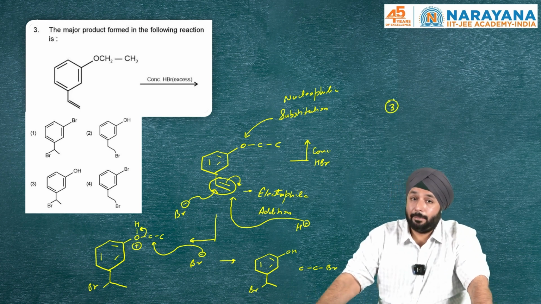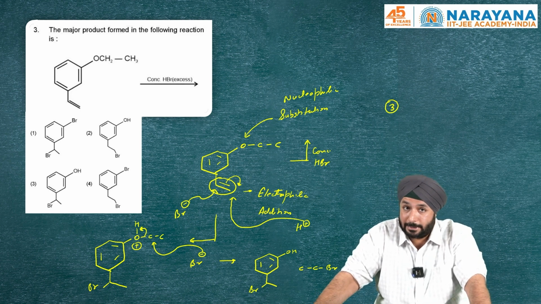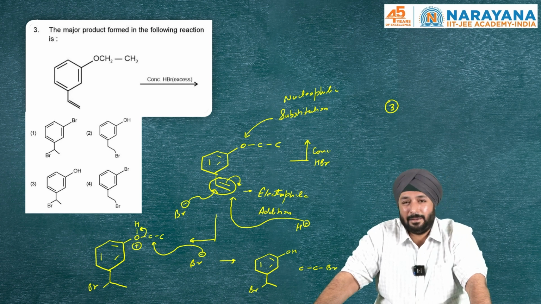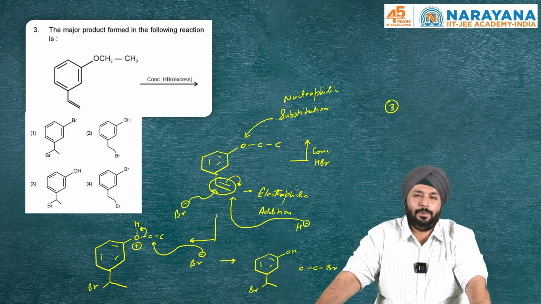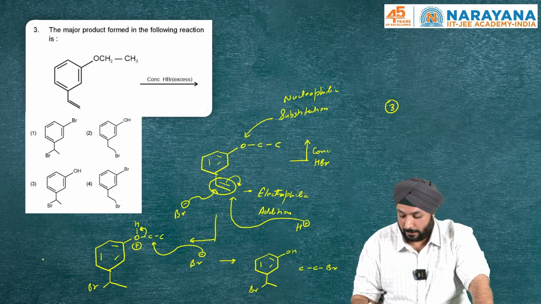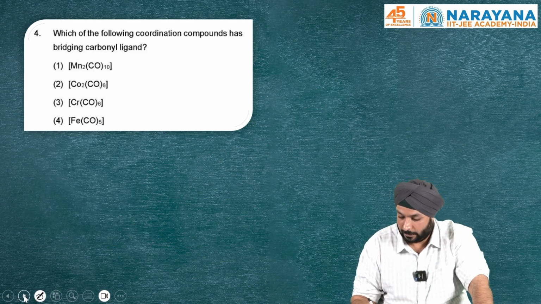Hope you understood that the double bond will undergo electrophilic addition reactions, and ether will undergo substitution reaction. Depending on the kind of ether, it can undergo SN2 as well as SN1 reaction. So we'll move to another question.